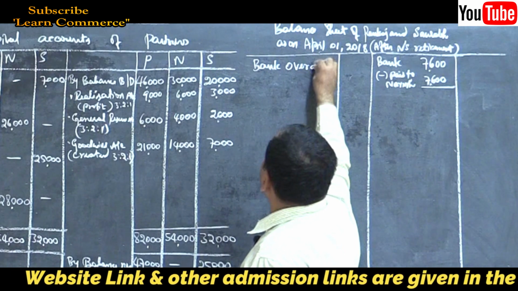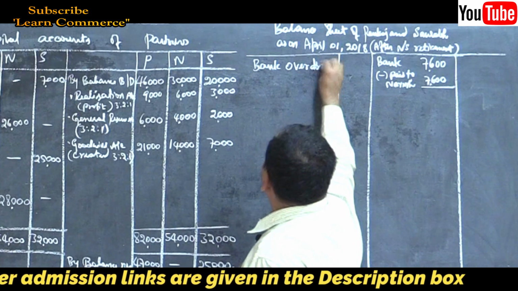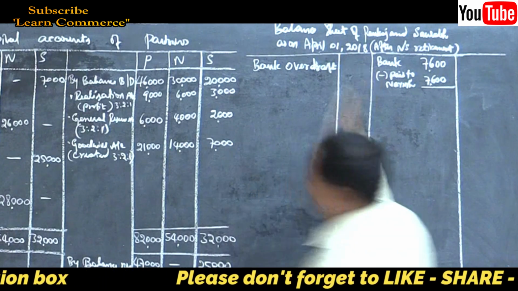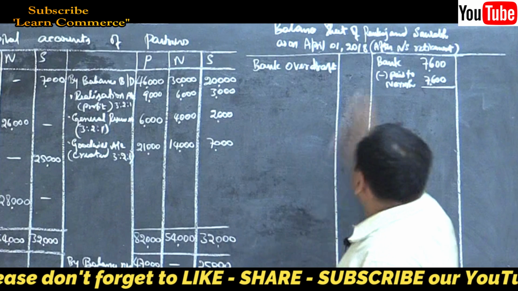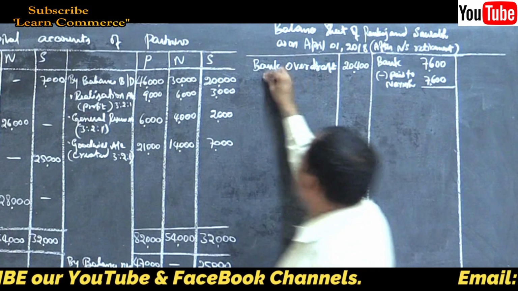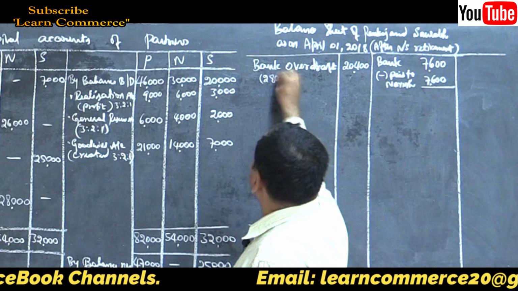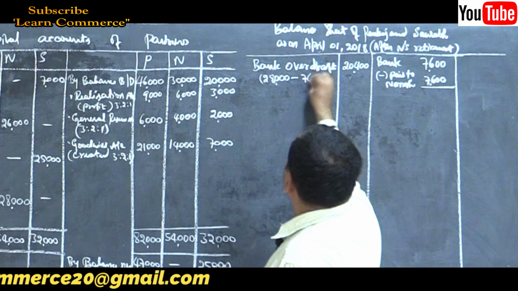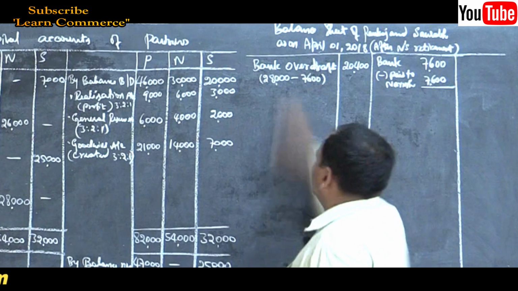Bank overdraft. What do you mean by bank overdraft? It is a temporary loan, isn't it? A temporary loan given to the business by the banker. 20,400. How have we arrived at it? I will write here 28,000 amount paid to Naresh minus the amount we had already in our bank account.